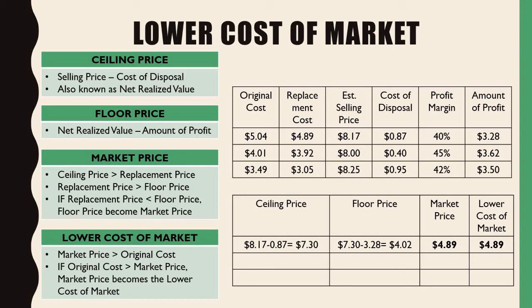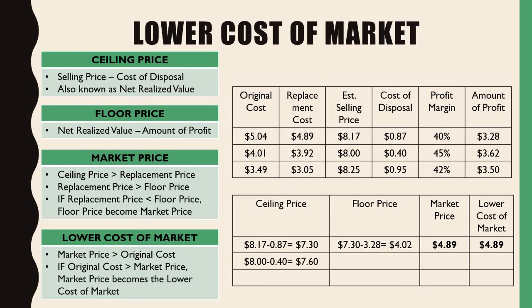So what numbers am I going to be using? $8 minus the cost of disposal, which is 40 cents. So how much is that going to be for my ceiling price? 760.